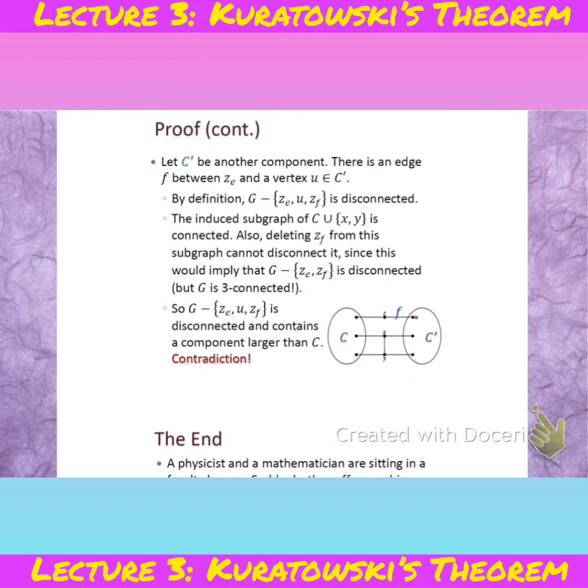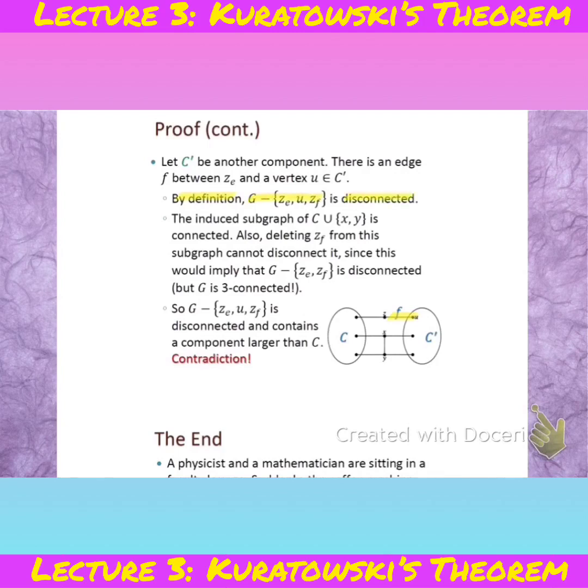So again, there must be that edge there between the vertex Z subscript E and a vertex in C prime. Now, by definition, this graph has to be disconnected.